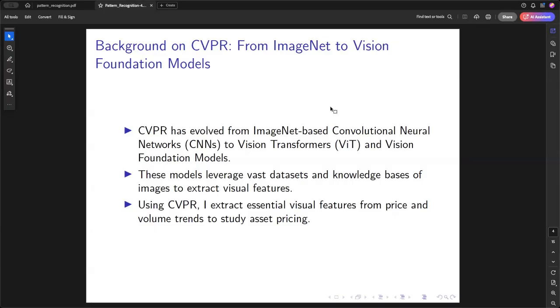These models are based on vast data sets and knowledge to extract visual features. So using CVPR, I can extract essential visual features from the price and volume trends in a financial market, and then use these visual features to make inference.